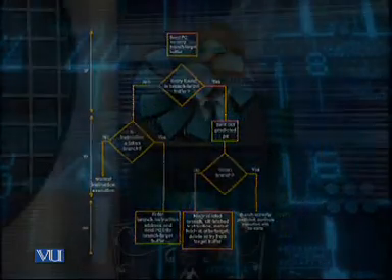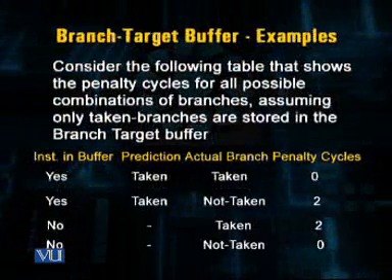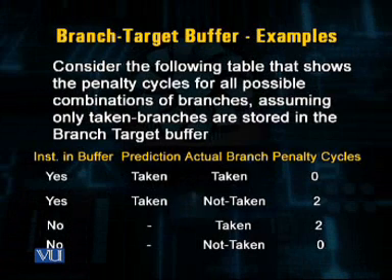We can look into the performance of branch target buffer with the help of an example now. Over here, let us consider the following table, which shows the penalty cycles for all possible combinations of branches, assuming only taken branches are stored in branch target buffer.